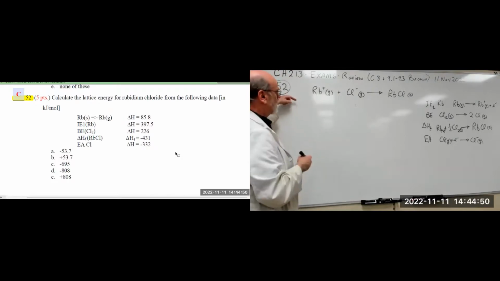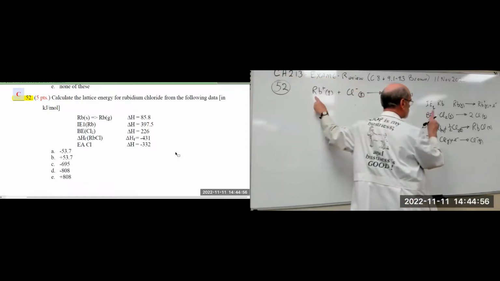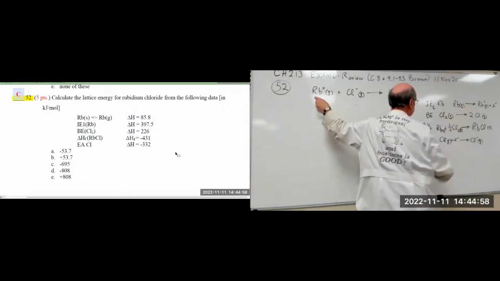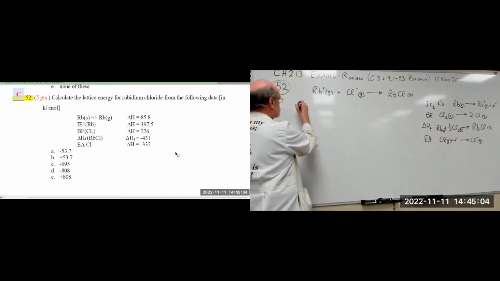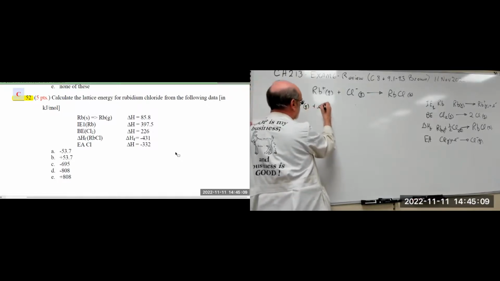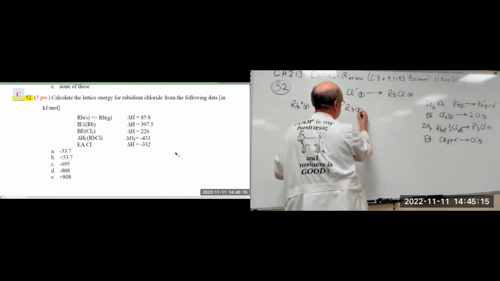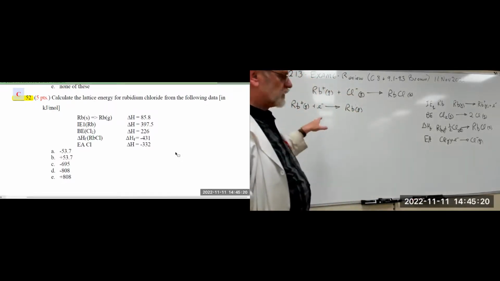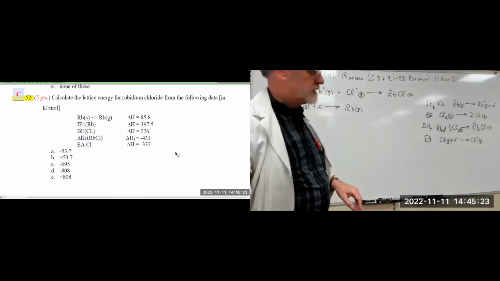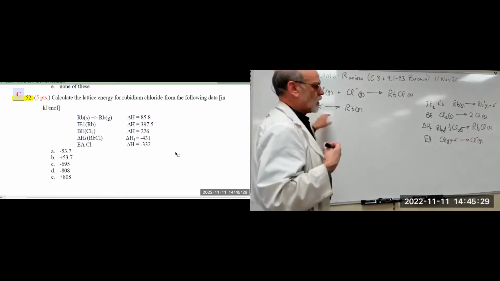Well, I would just tackle it one at a time. Where do we have a rubidium plus gas? Right there. But it needs to be on this side, so we have to write it backwards: plus an electron yields that. So we reversed it, but we didn't take a fraction or a whole number multiple, so all we have to do is change the sign. Oh, I left one out.